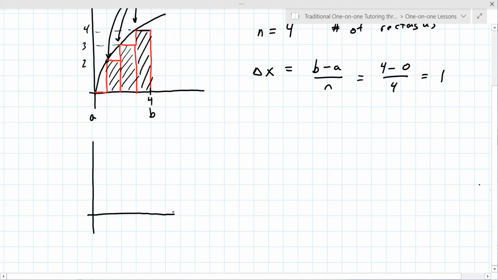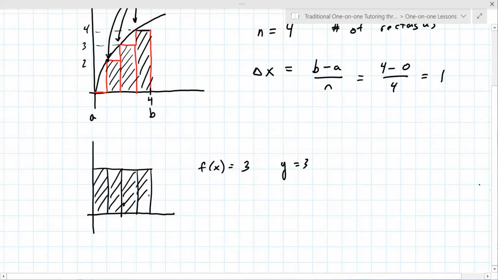If your graph was a rectangle or a straight line, let's say your function was y equals 3, the rectangles perfectly equal the area. But most of the time they don't, because there are very few functions that are nice like this. And that's what your instructor was trying to explain in some ways.